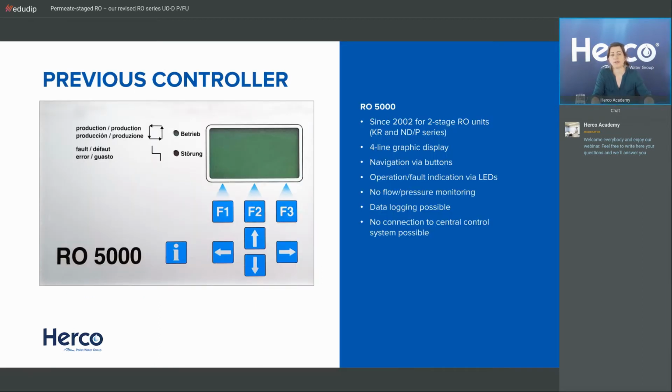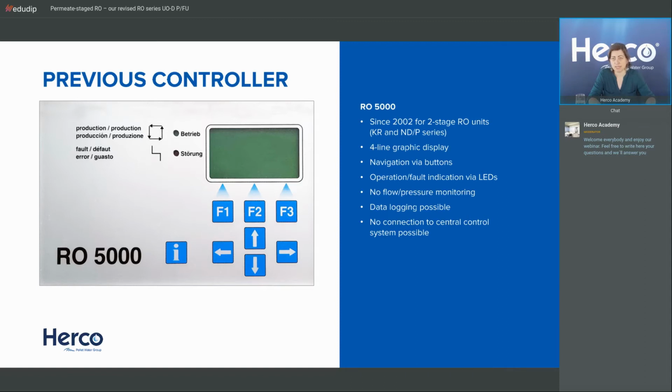Just a quick look and a recap of the controllers. What we had with the previous controller, the RO5000, we have used that before for all the 2-stage units, so for the KR and the NDP series. Last year, we already changed the KR series to PLC. So now it's equipped with the S7.